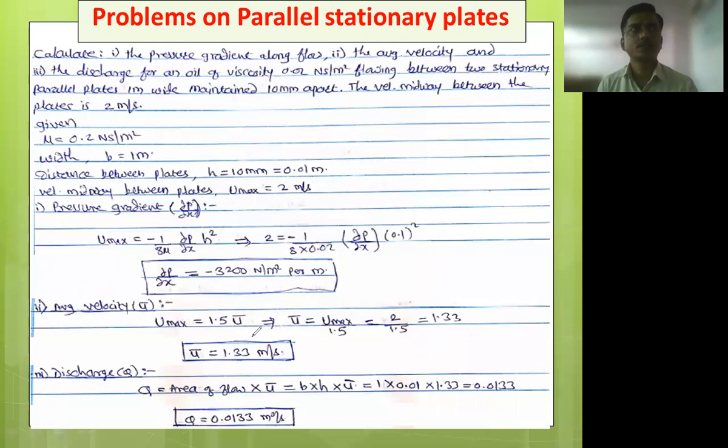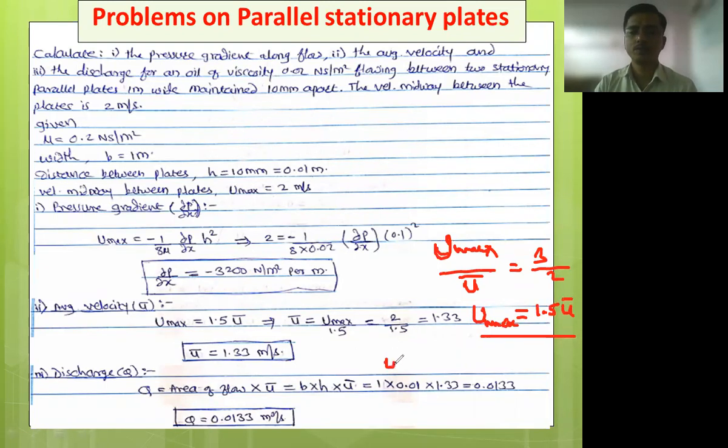Next, average velocity. You have already noted down the formula for average velocity. U max divided by U bar is equal to 3 by 2. You have noted this formula down. So you can write it like this also, U max is equal to 1.5 U bar.